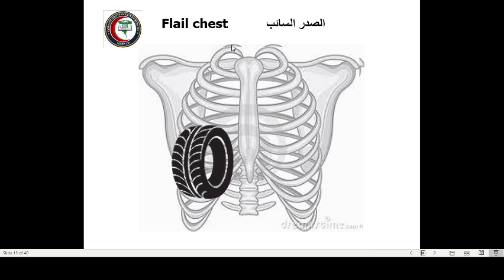The third mechanism of fractured ribs in the chest is flail chest. Flail chest is a variant of the direct impact. We have here a direct impact to the chest, and the fracture will be underneath this direct impact. Flail chest occurs usually in case of road traffic accidents.